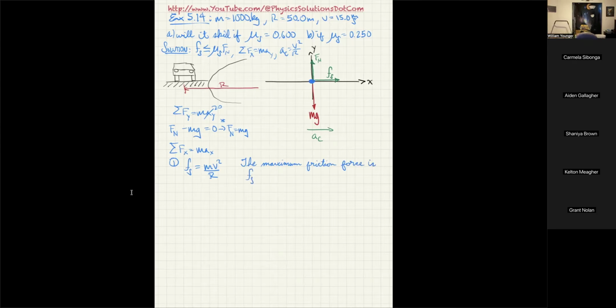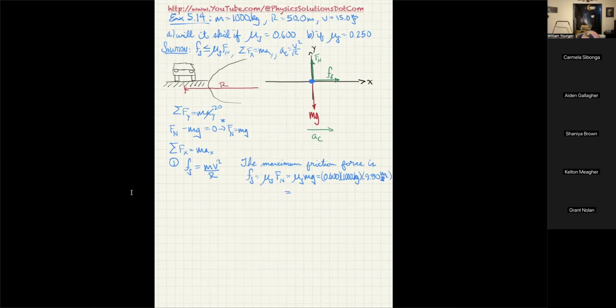is F static is equal to mu static times the normal force, which would be mu static times m times g, which in this case is 0.600 times 1,000 kilograms times 9.80 meters per second squared.